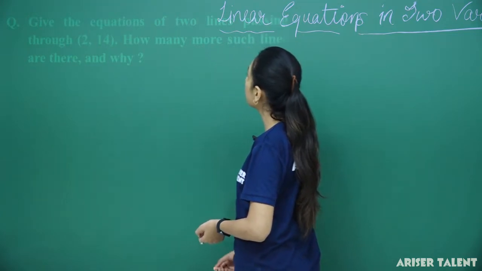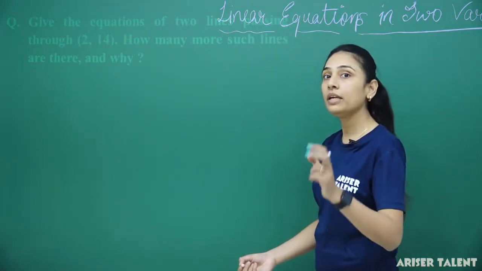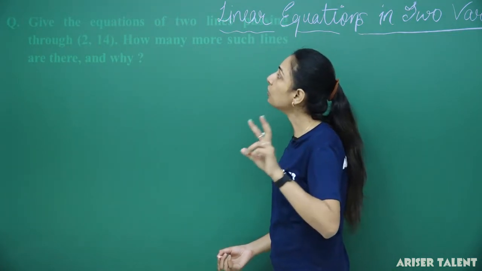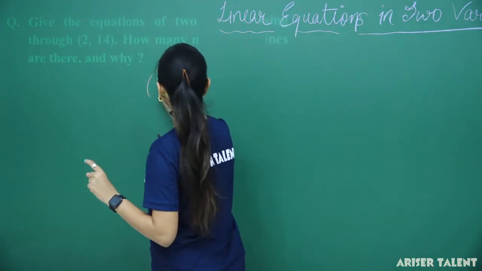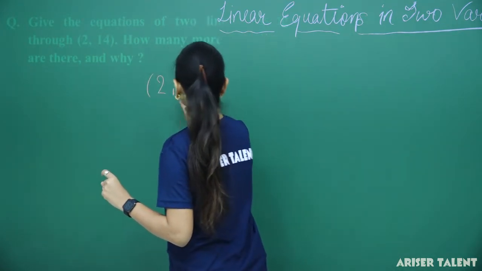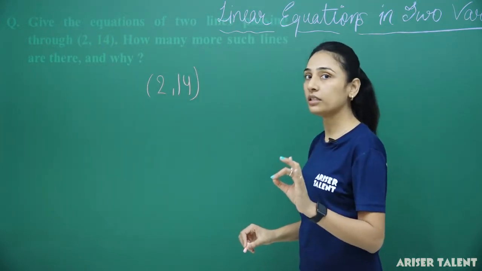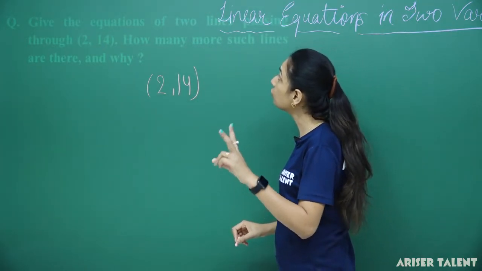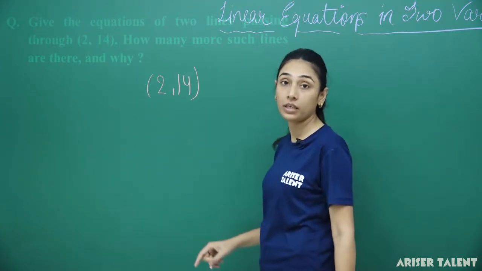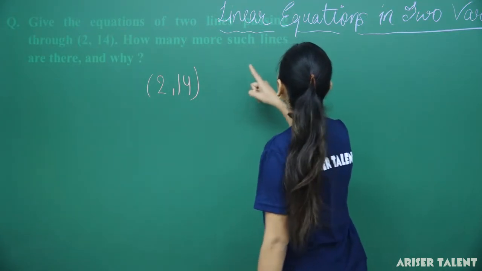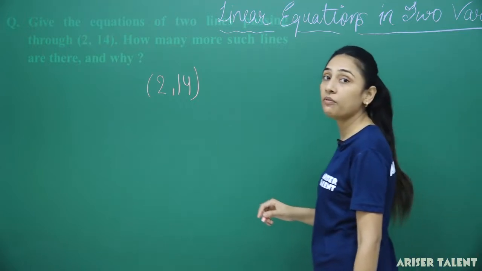We have to give equations of two lines passing through the point 2 comma 14, that means two equations for this point. Now how many more such lines are there and why?